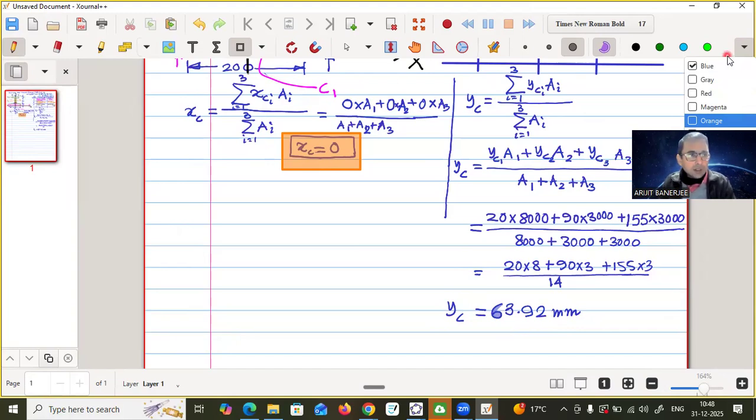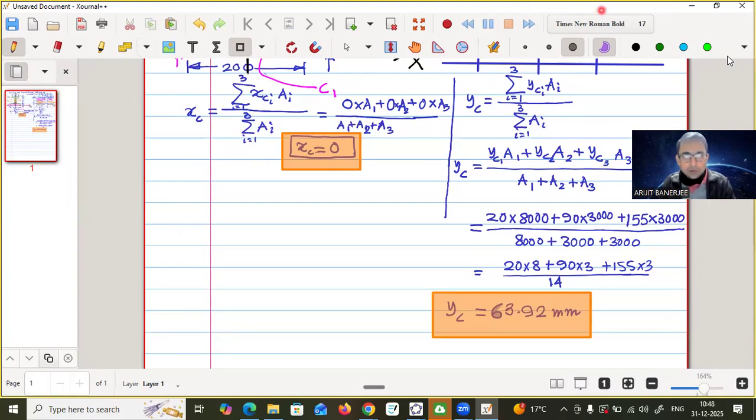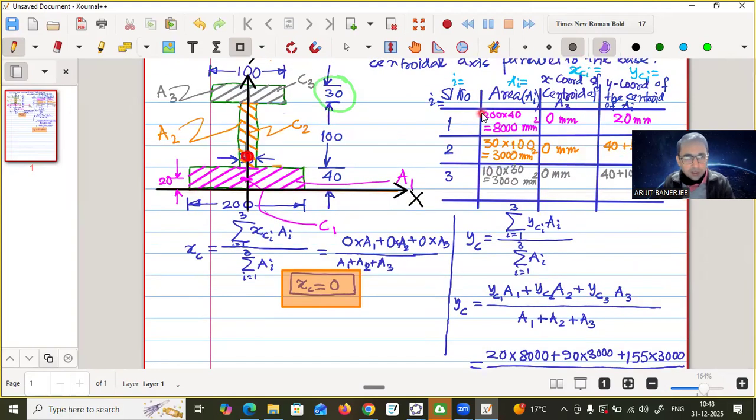So you see that therefore the centroid is somewhere. Okay. So 40 plus it is 90, so 63 can roughly be shown here. So no problem.